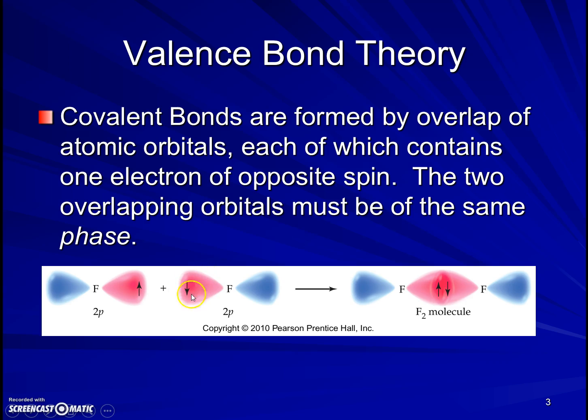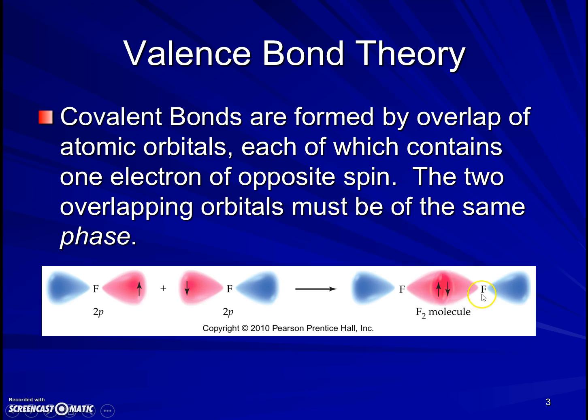An orbital, we draw it as a plot of a graph, but it's actually a function. That function has a positive side and a negative side, and we calculate the probability of finding the electron in a particular space by squaring the function. So we get a positive number for probability regardless of whether the wave is in a negative or positive phase.